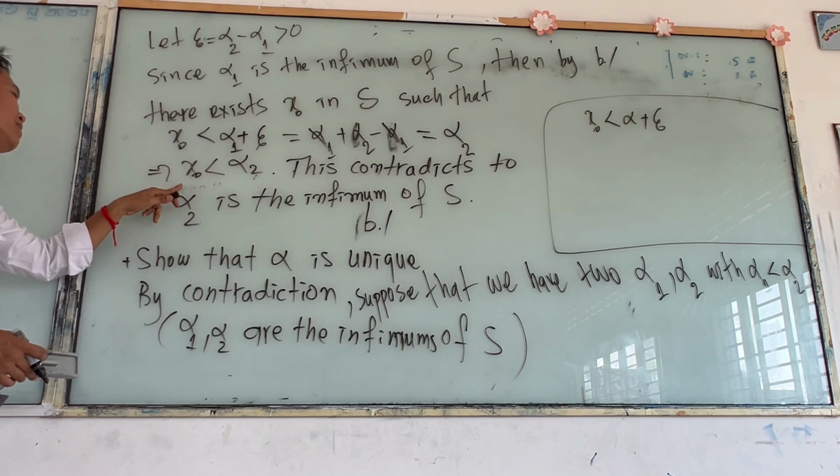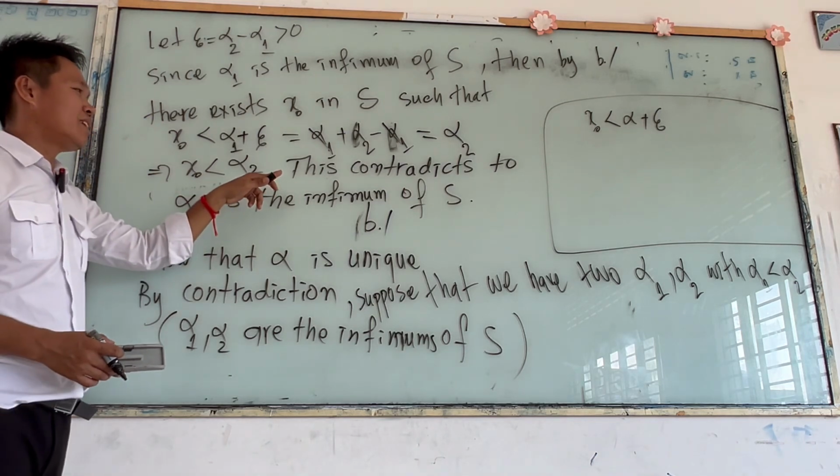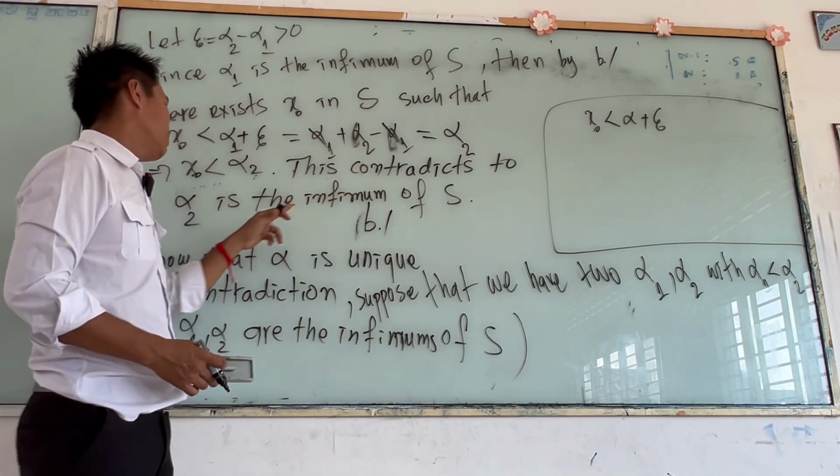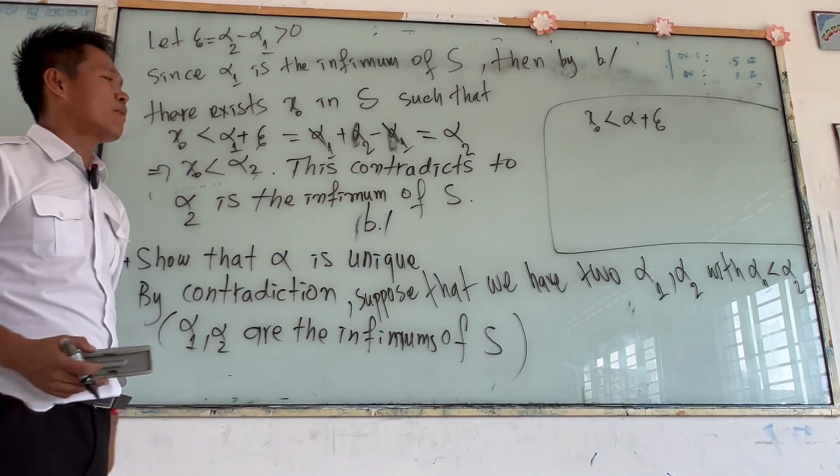And here we got x0 less than alpha 2. That's why it contradicts alpha 2 being the infimum of S.